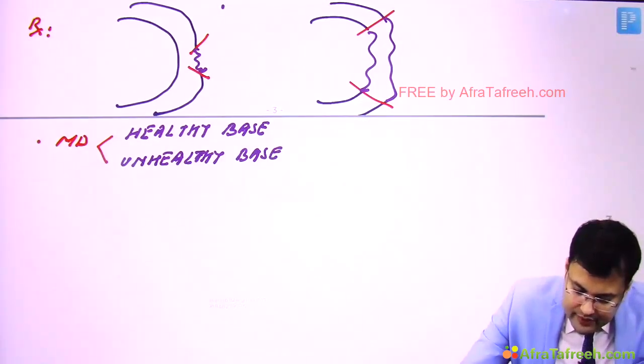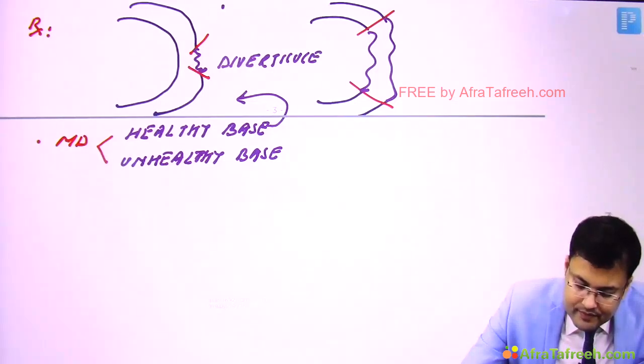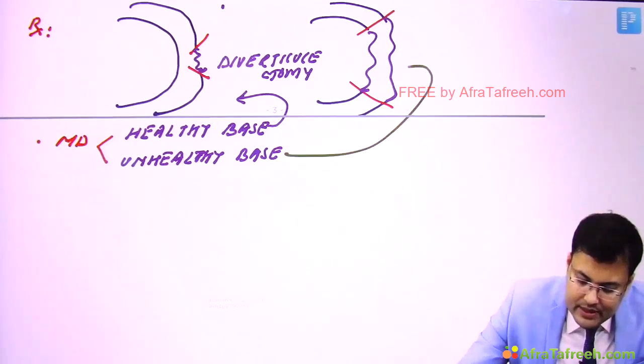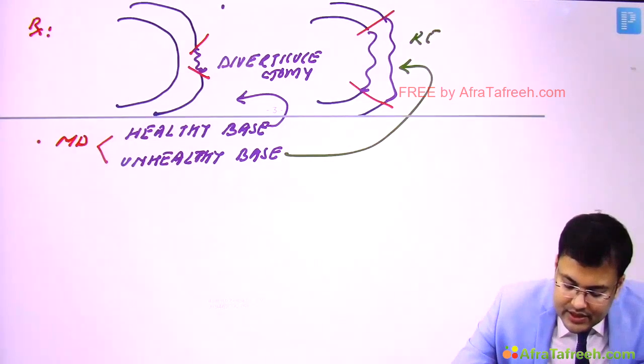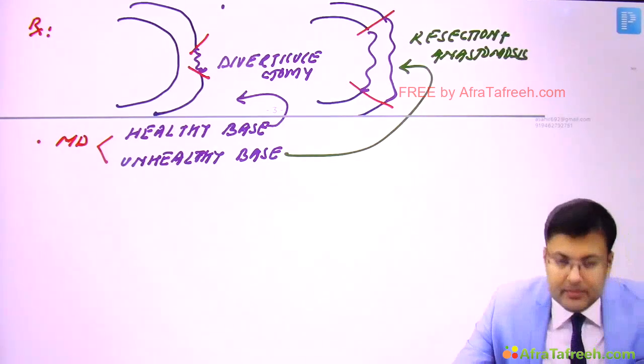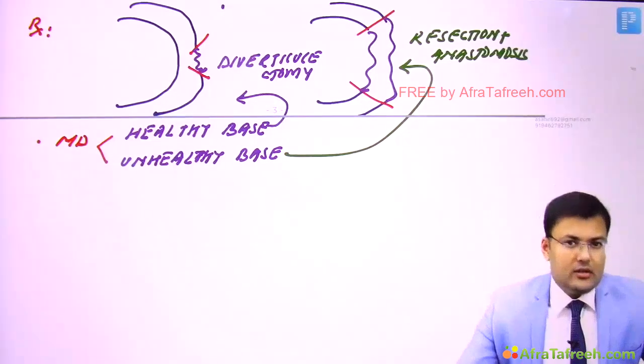If there is healthy base, we go for diverticulectomy, right? And if there is unhealthy base, we go for resection plus anastomosis. Simple.